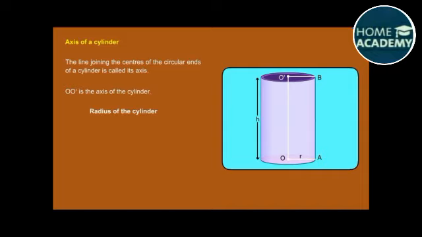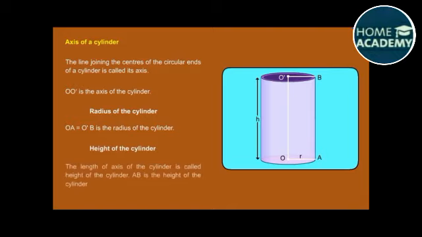Radius of the cylinder: OA equals OB is the radius of the cylinder. Height of the cylinder: the length of the axis of the cylinder is called the height of the cylinder. AB is the height of the cylinder.